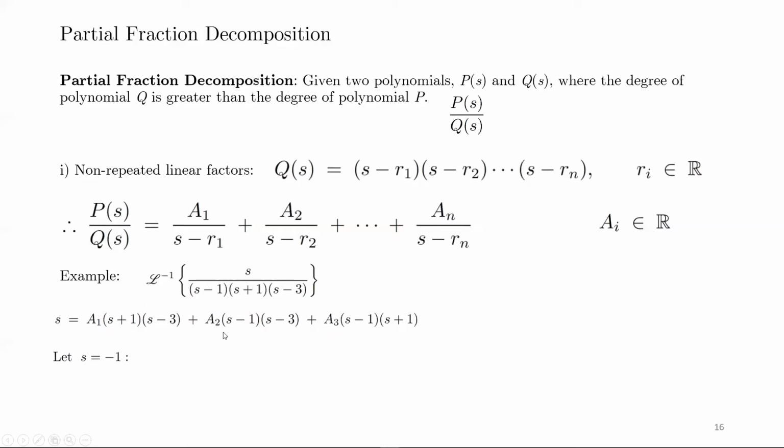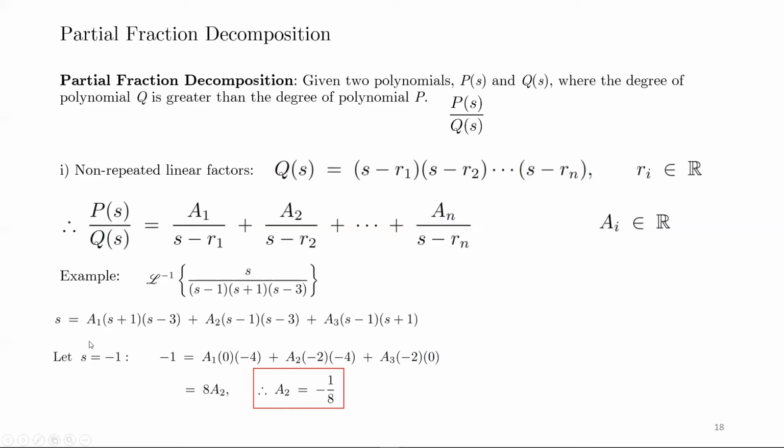I get A3 times negative 1 minus 1 is negative 2, times negative 1 plus 1 is 0. So this term becomes 0 as well, and I just get left with the A2 term. So negative 1 is effectively equal to A2 times 8, so A2 is equal to negative 1 over 8.